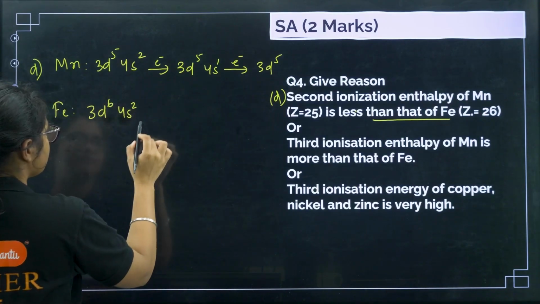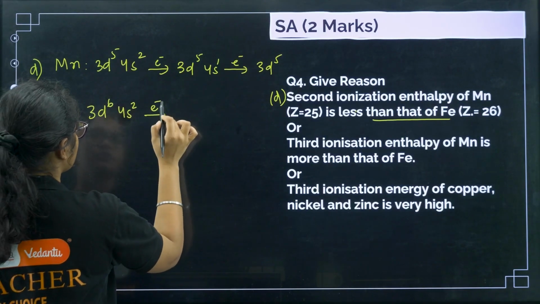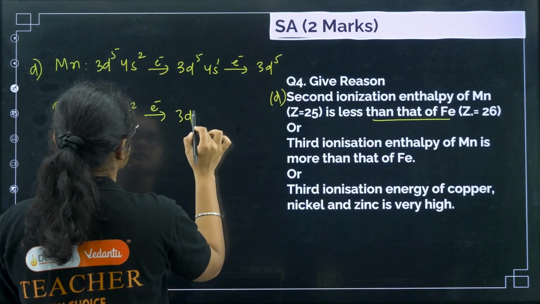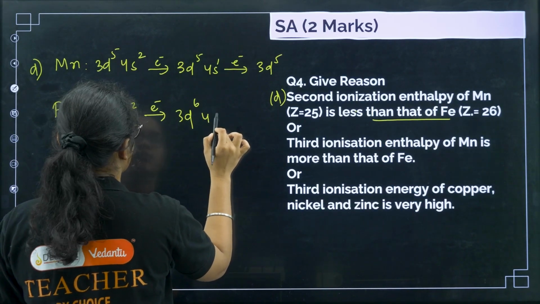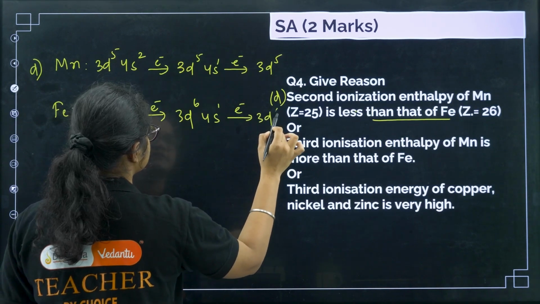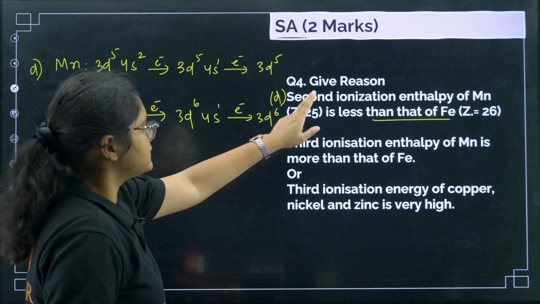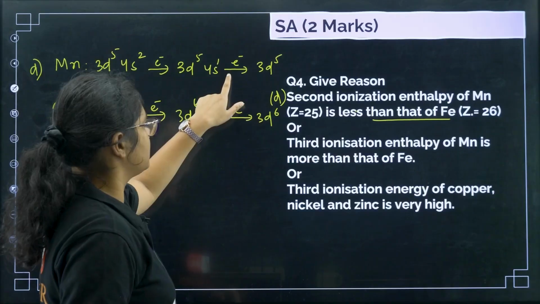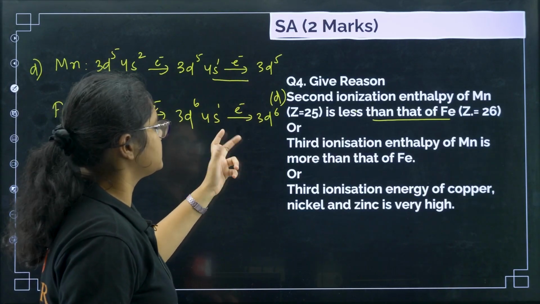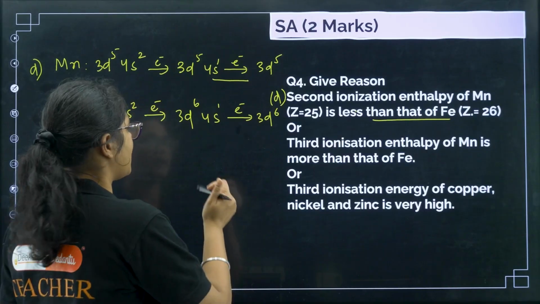For iron, if you remove one electron, you get 3d6 4s1, and if you remove one more electron you get 3d6. So the second ionization enthalpy of manganese is less than that of iron. Now see what happens here.